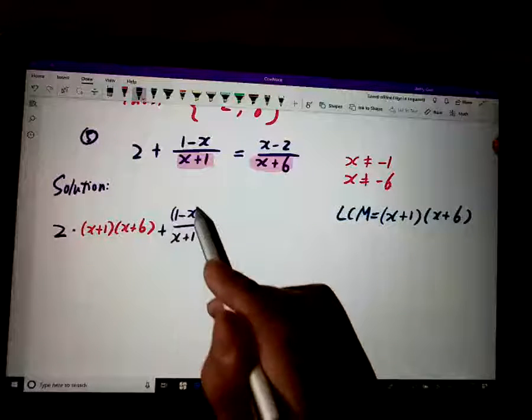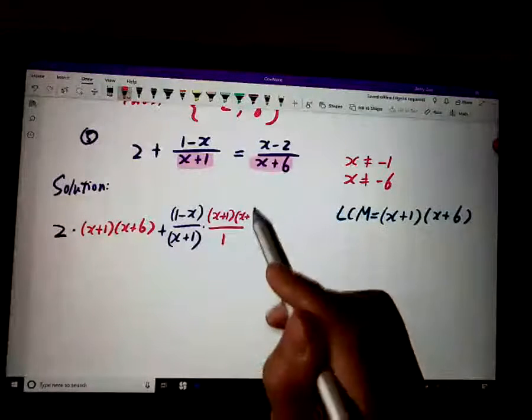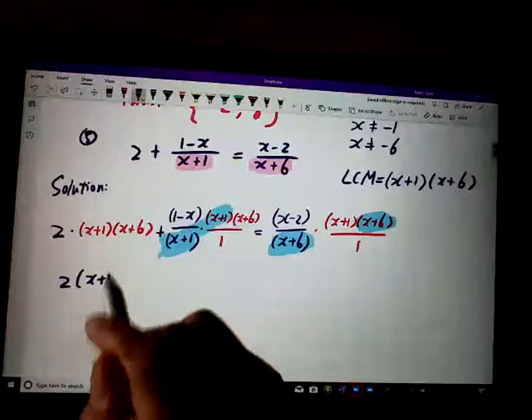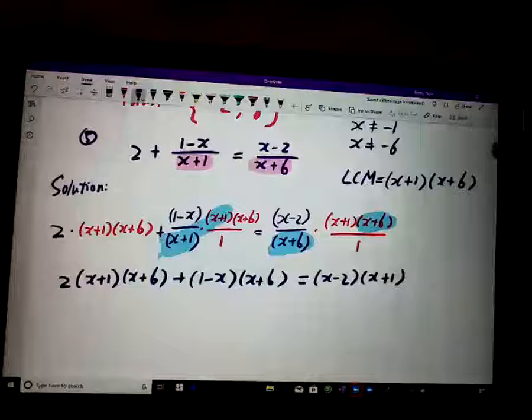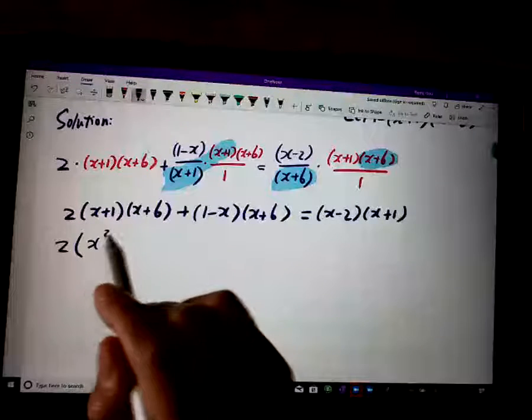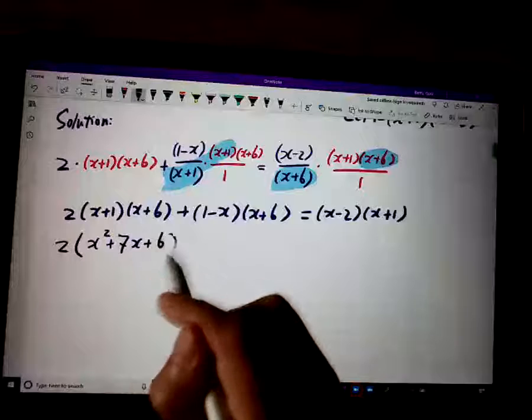I would put parentheses. It doesn't hurt, and then we wouldn't have any denominators anymore. So this is 2 times x plus 1. 3 FOILs 2. You're going to FOIL this one. So when you FOIL, you have x squared plus 6 here.